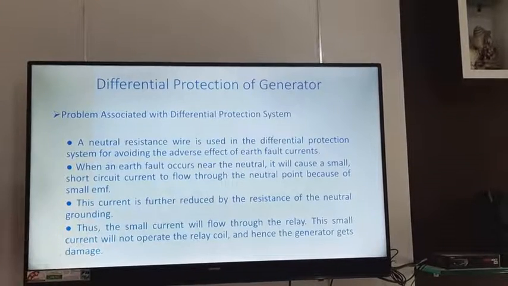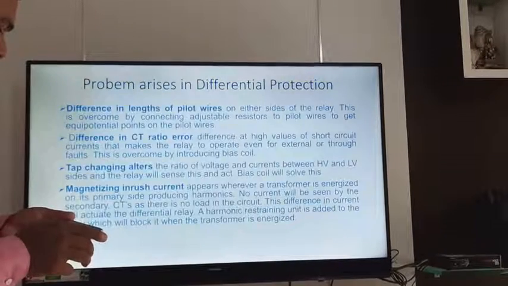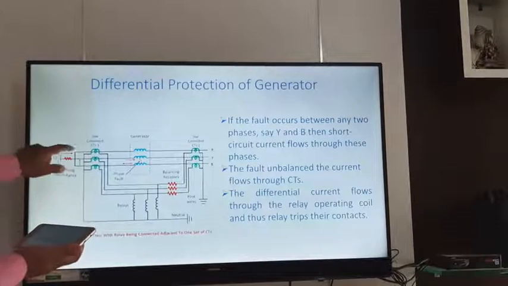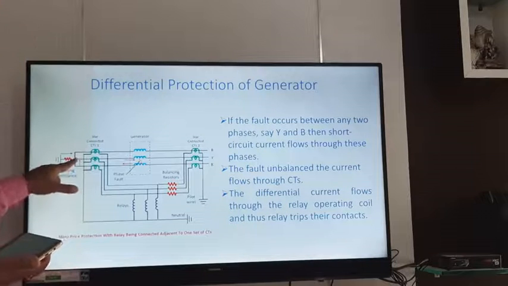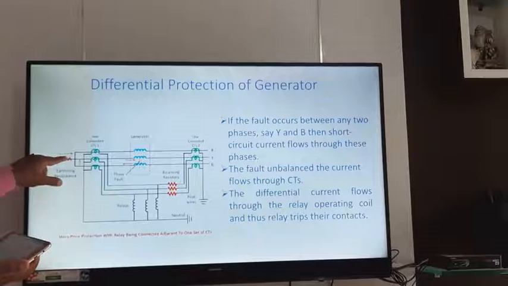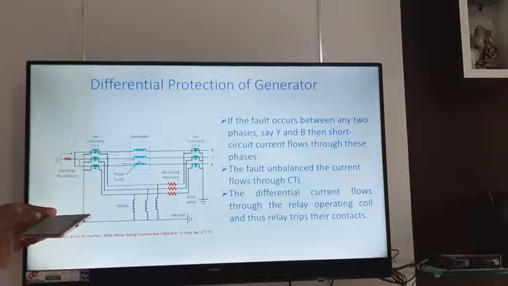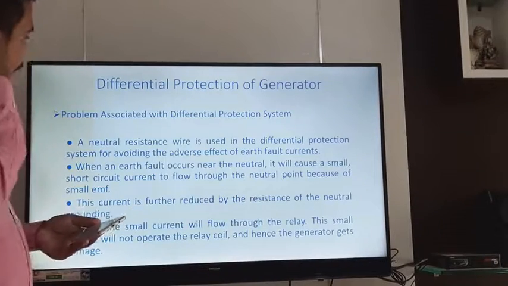As we discussed, one earthing resistance is connected to the star point of the generator winding. When an earthing resistance is connected to the star point of the generator winding, what problems arise?